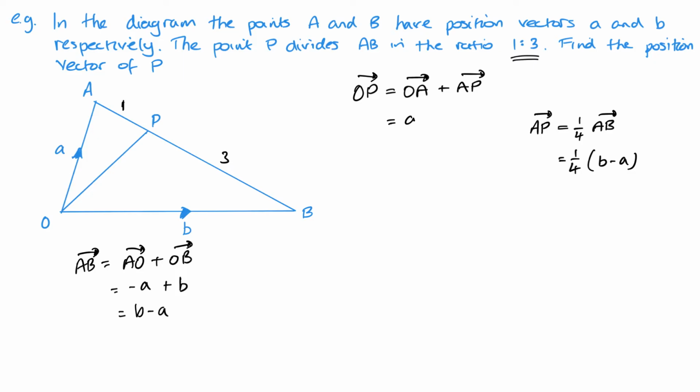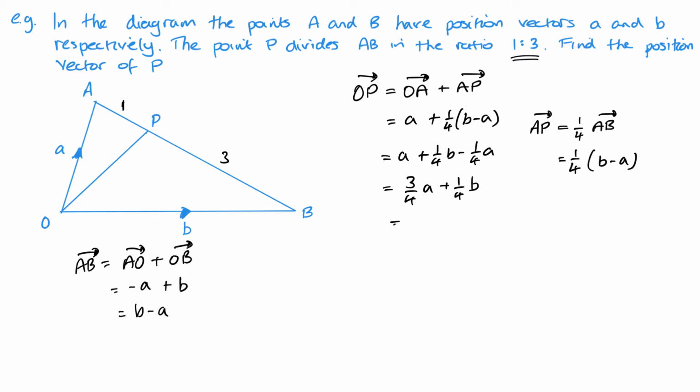So OP is a plus 1/4 (b minus a). So it's a plus 1/4 b minus 1/4 a. That gives me 3/4 a plus 1/4 b.